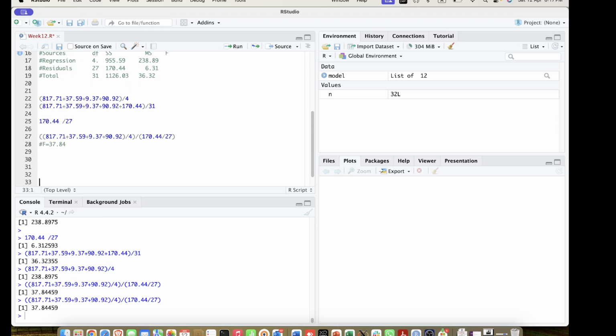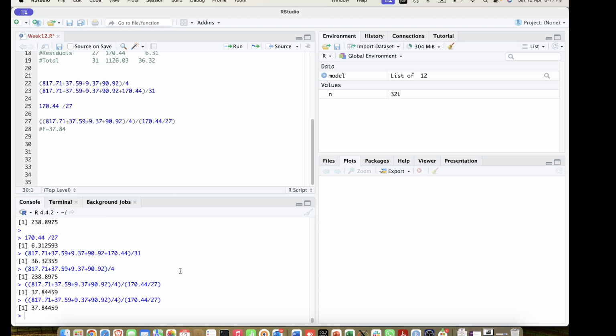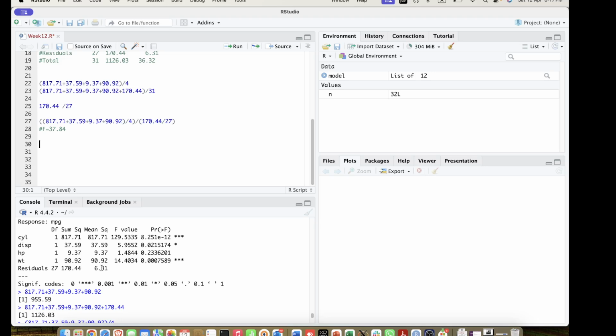and then we'll have to find out the p-value. Okay, so the p-value is pf of 37.84, with df1 equal to 4, df2 equal to 27, and lower.tail equal to FALSE.